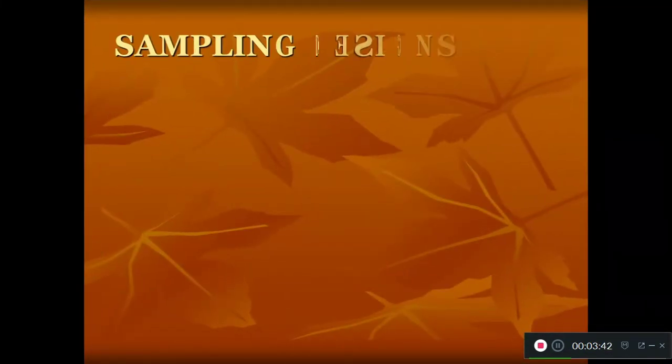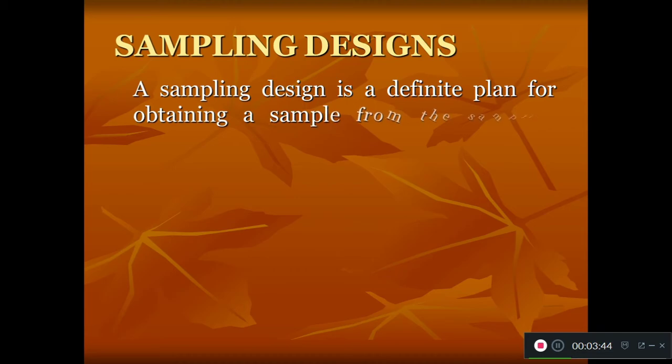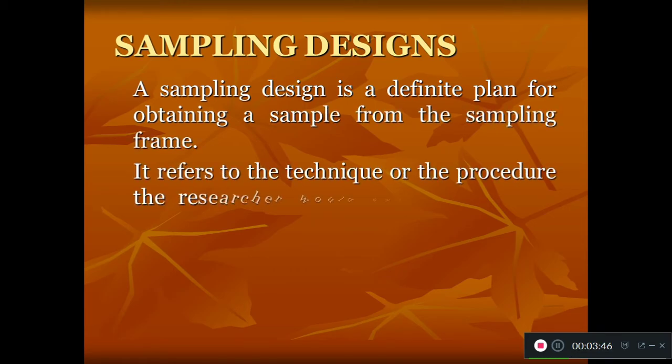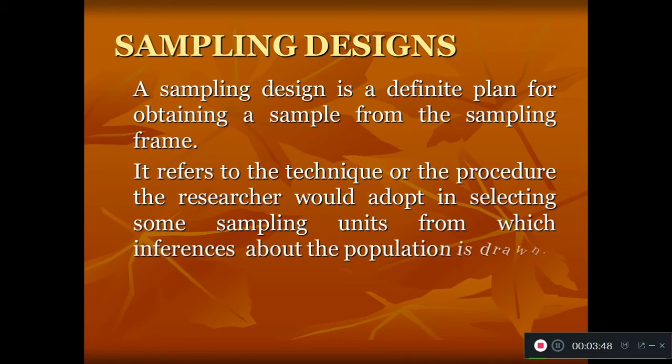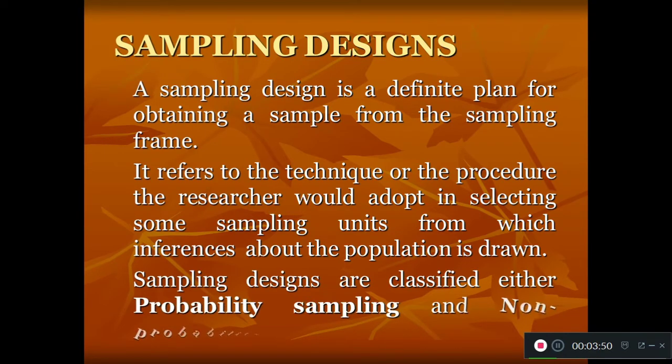And what we want to see next is sampling designs. So sampling design is a definite plan. This plan tells how we are going to select the sample by using the sampling frame. So by using sampling frame, how we are going to select the sample for our study.